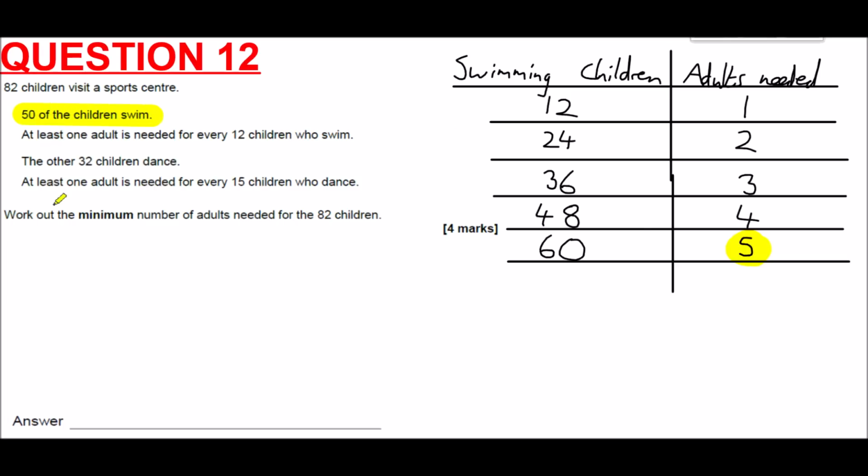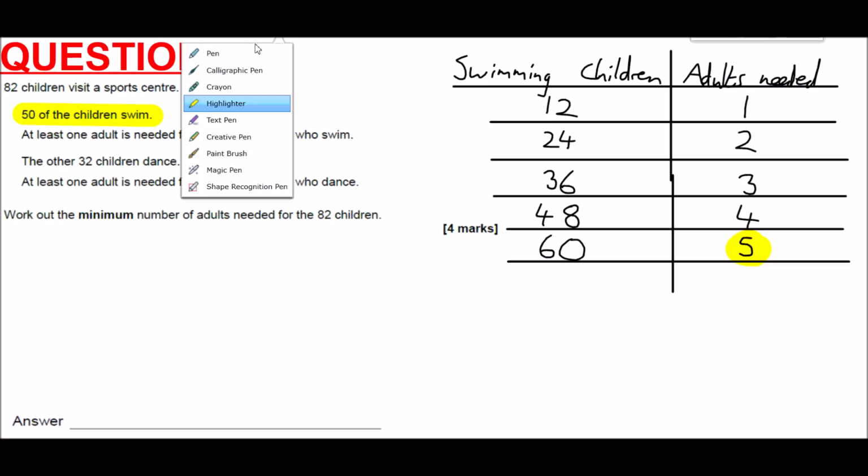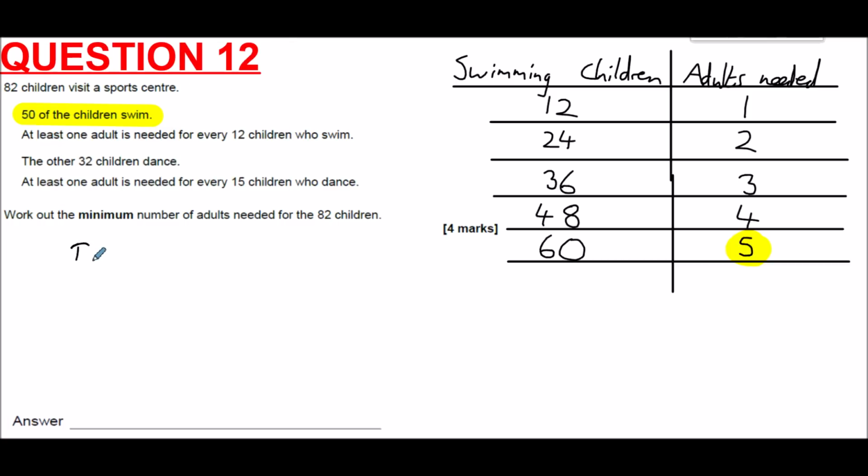And we can have a similar approach for the dancing children. So again, it says here for dancing children, 32 of them dance, and 1 adult is needed for every 15 children who dance.